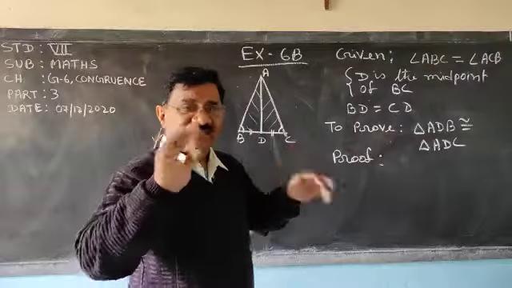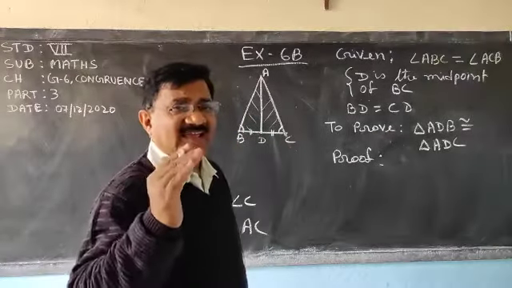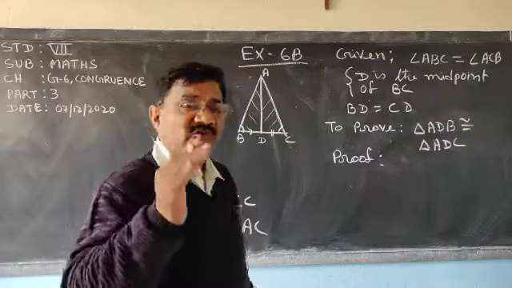Now how to write that part is important. Which two triangles are we going to prove congruent?